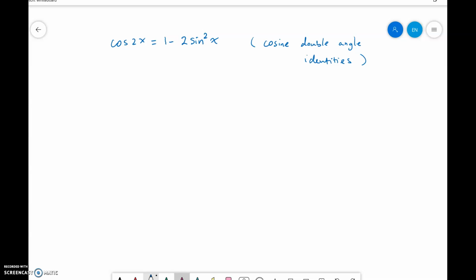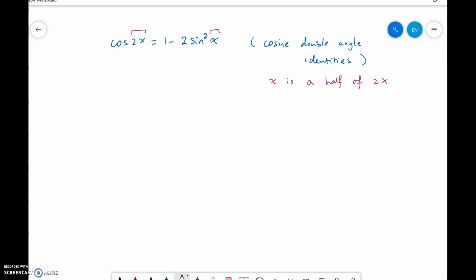The reason for using the double angle is that, comparing 2x and x, it's clear that x is a half angle, or half of 2x. So we already have a half angle.